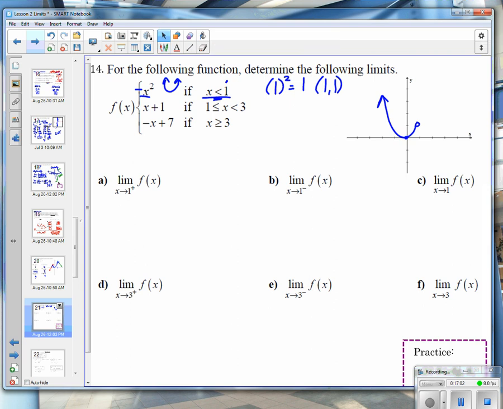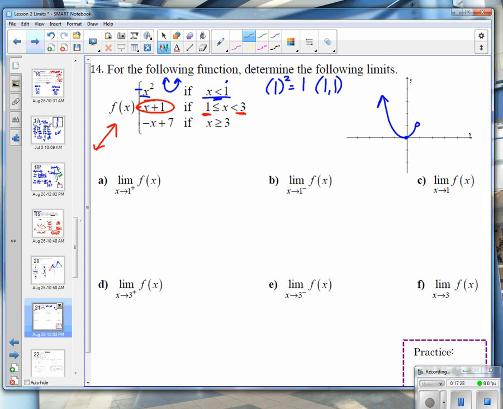The next one, this guy here, x plus 1. So we know x plus 1, it's going to be a straight line that's going to be increasing, right? Because we've got a positive slope there. Now I've got two important points, and what I would probably do if I were you is just substitute those values in, and then just connect the dots.